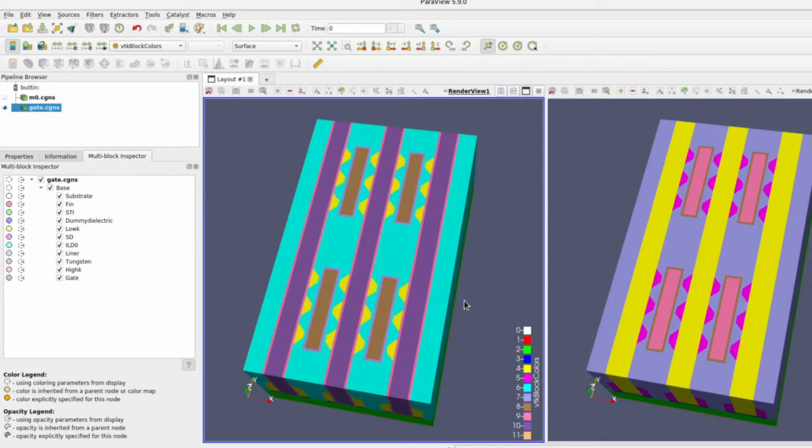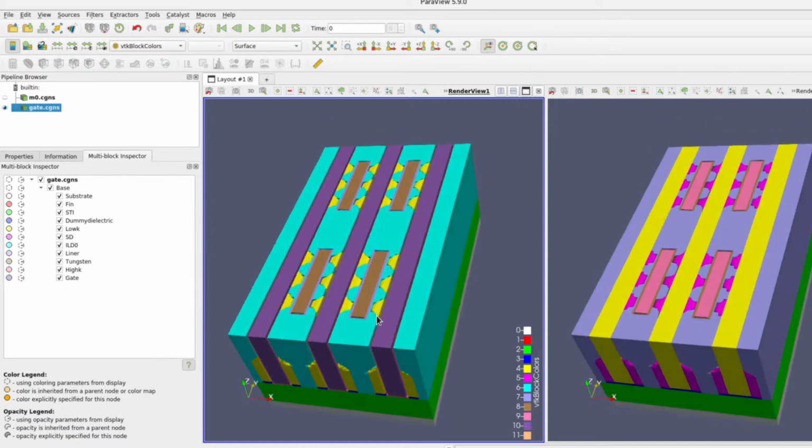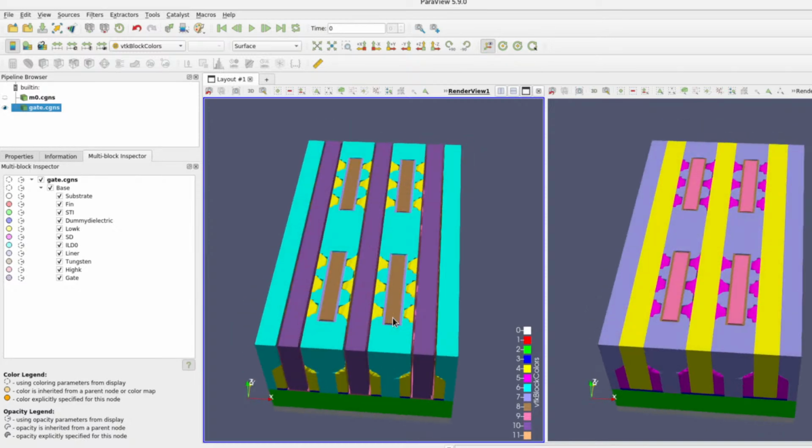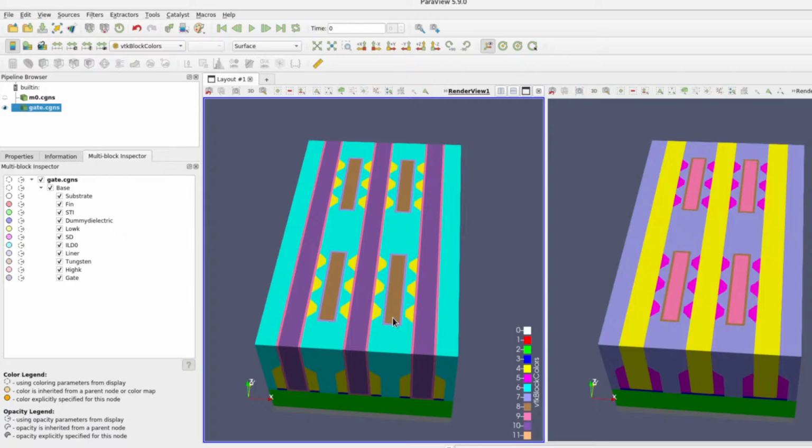Actually, the size of my transistors is not perfectly matched to that one, but I will try to match it as much as possible and also try to extract some electrical characteristics from this simulation.